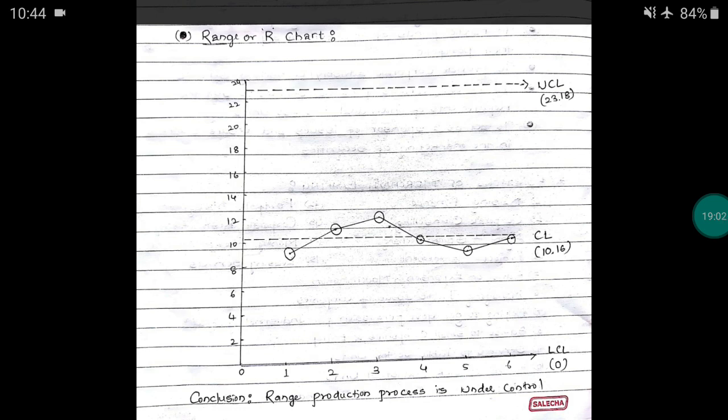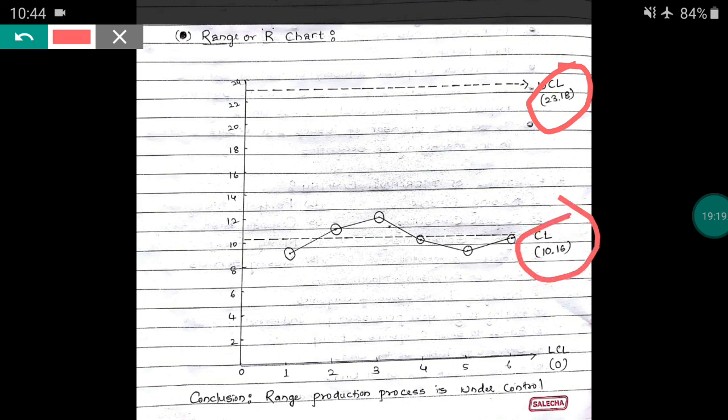See the graph of the range or R chart. First one is UCL 23.18, CL is 10.16, LCL is 0. Okay, now you should plot the ranges. First sample range is 9.